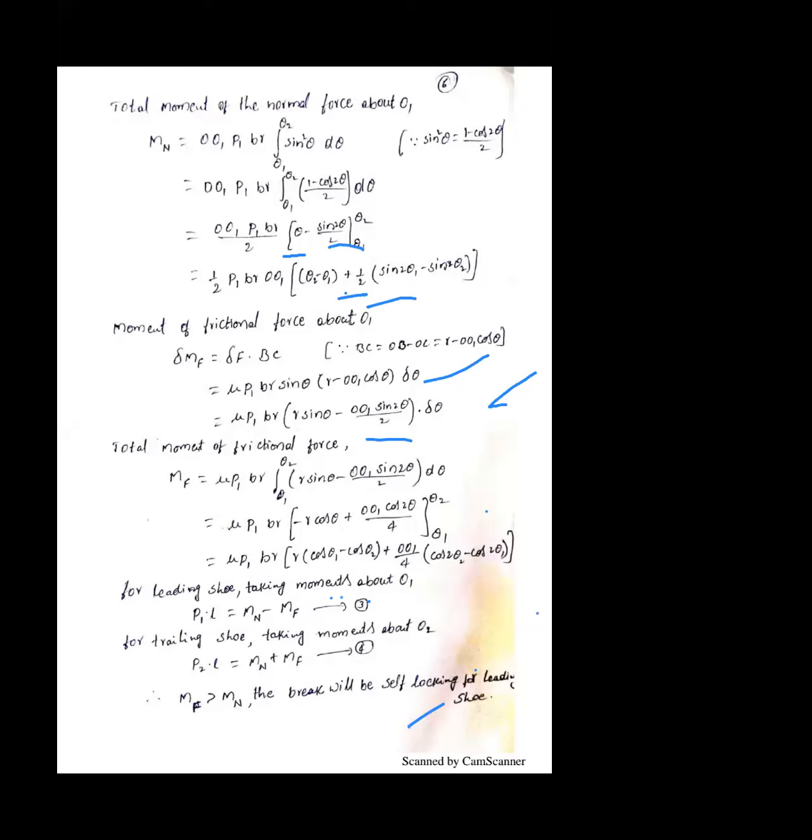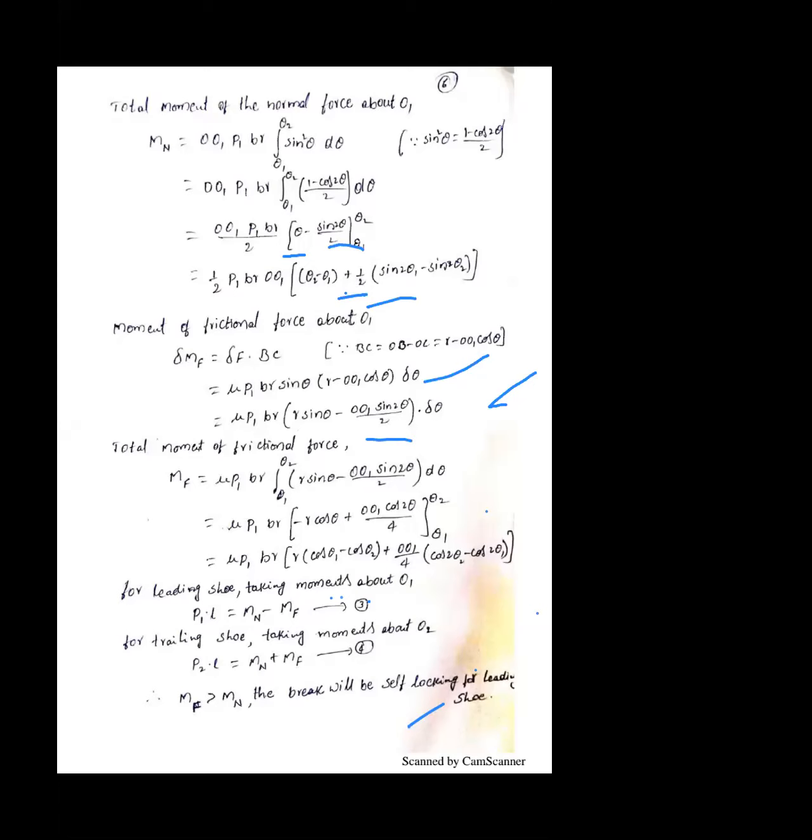Let this be equation number 3. Similarly, for the secondary shoe, taking moments about O2: P2 L equals Mn plus Mf.